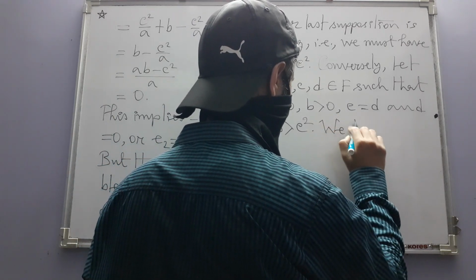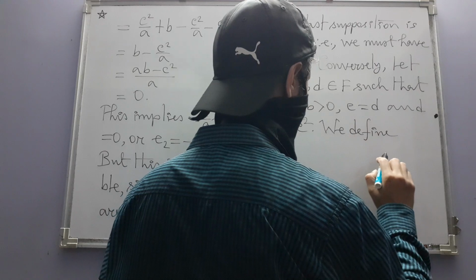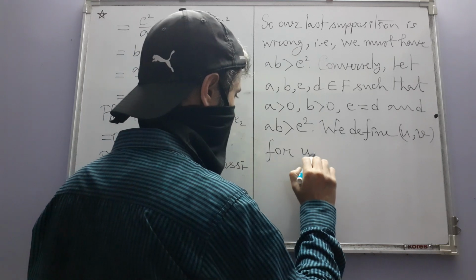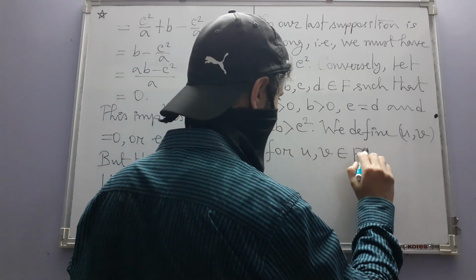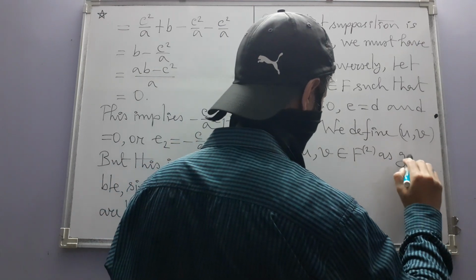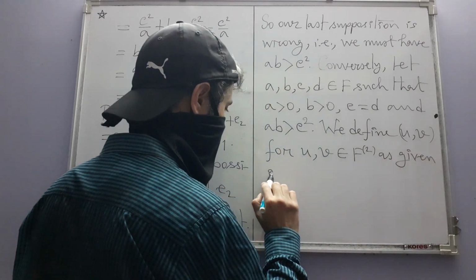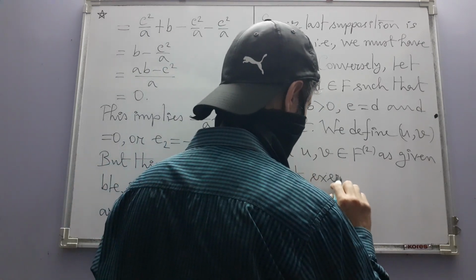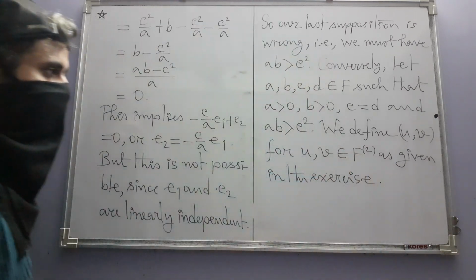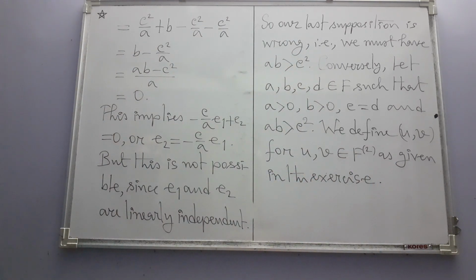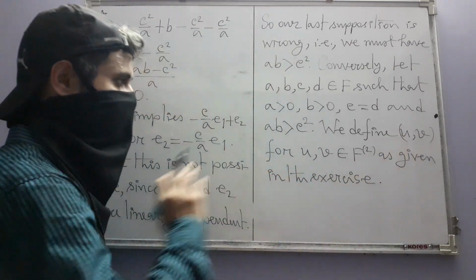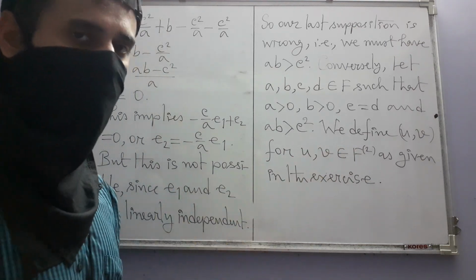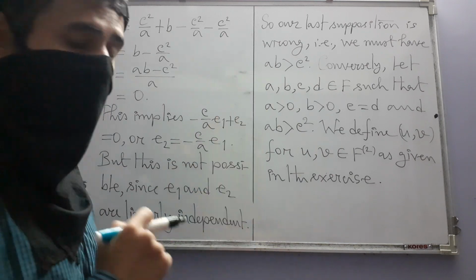We define U comma V for U and V in F2 as given in the exercise. That means using A, B, C and D in that way. Now this function definitely has the form of an inner product. That is, it maps the Cartesian product of F2 with itself into F. So now we have to verify the axioms one by one.